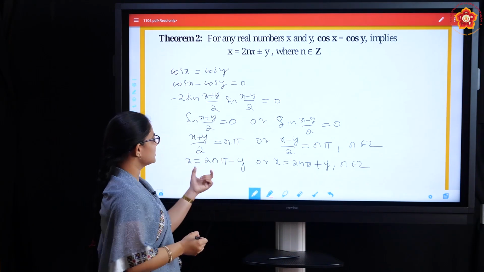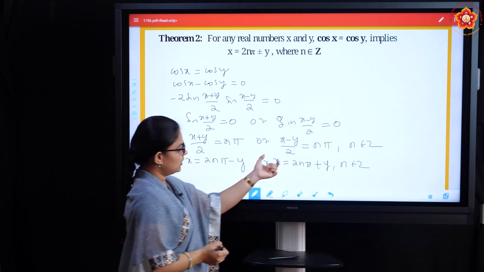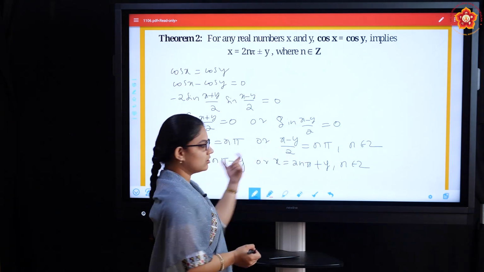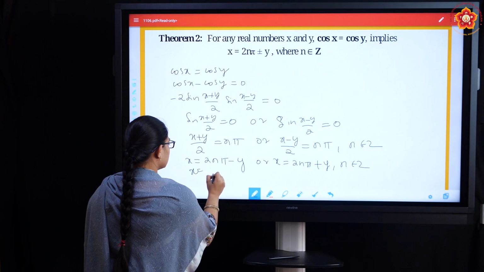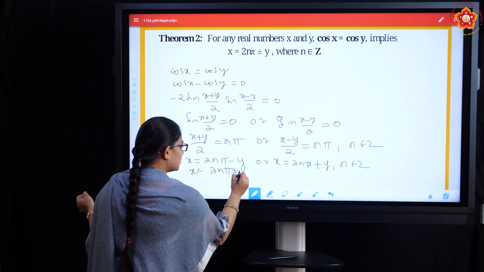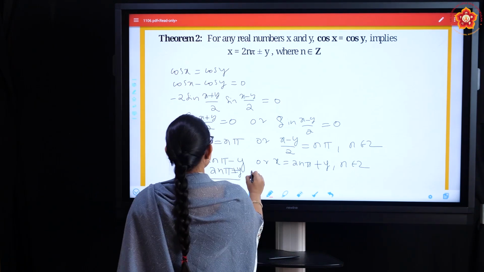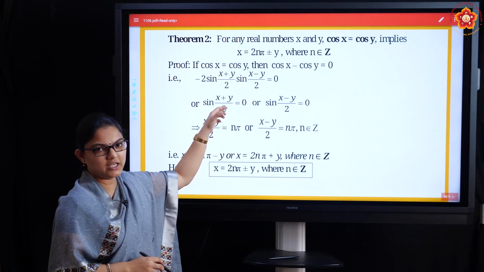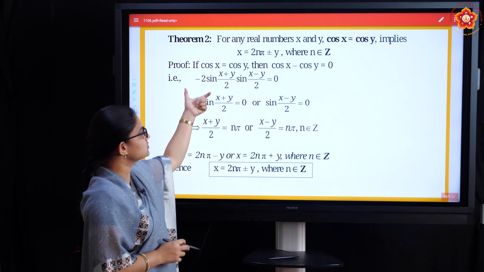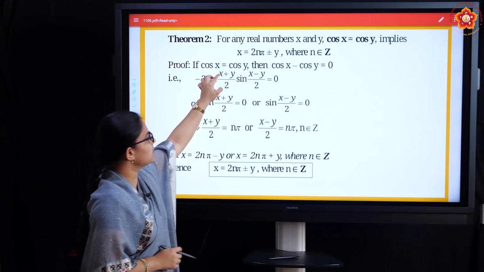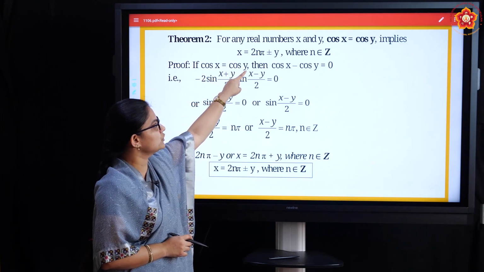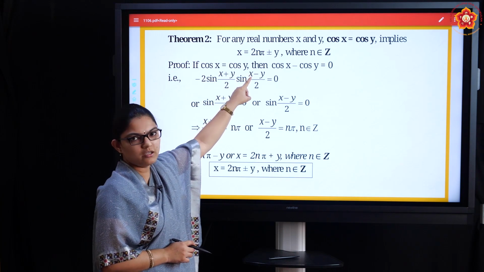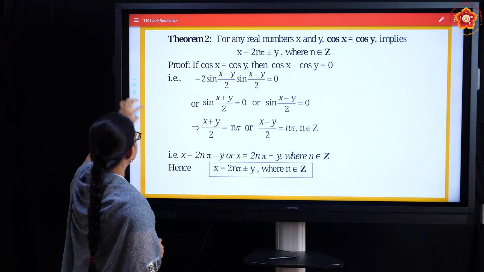On combining these two, I can write that as 2n pi plus or minus y for n belongs to z. So therefore, if we have cos x is equal to cos y, for such an equation we get the general solution just by applying this formula, that is x is equal to 2n pi plus or minus y, where n belongs to z.